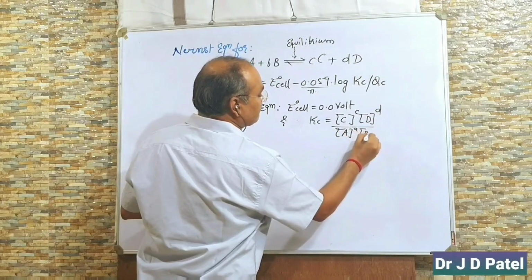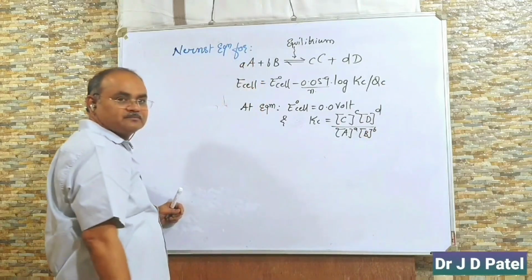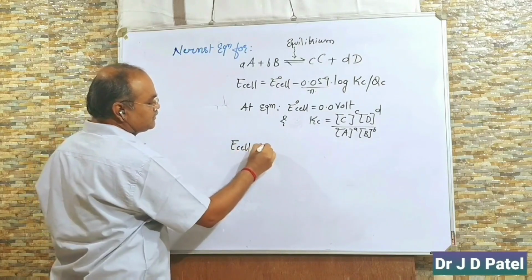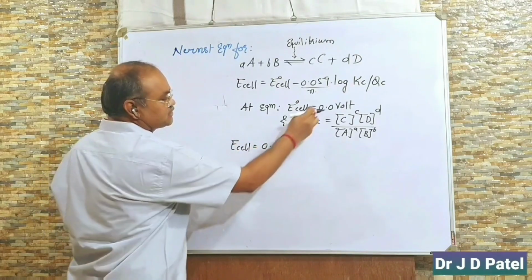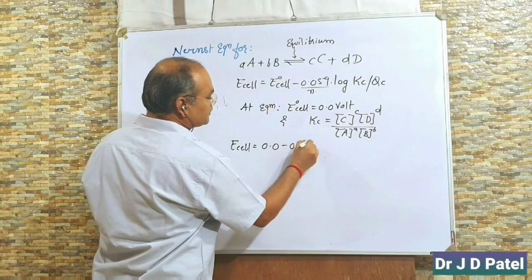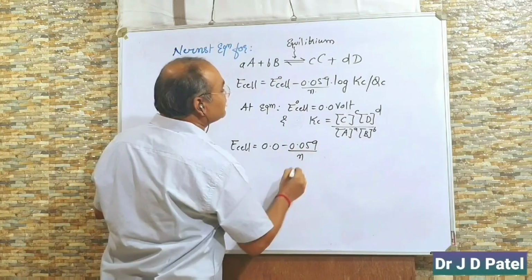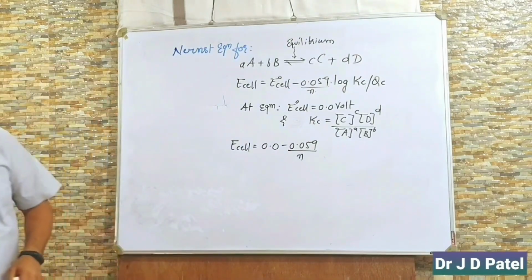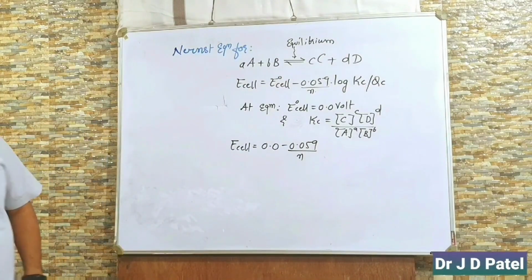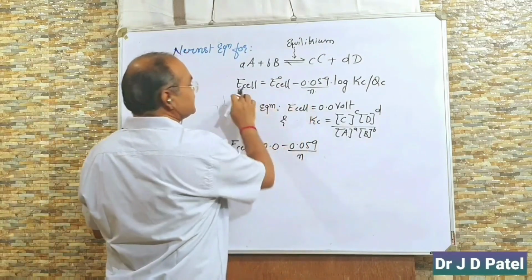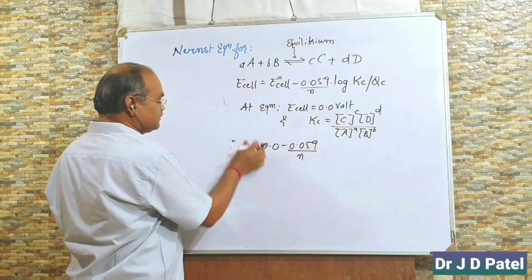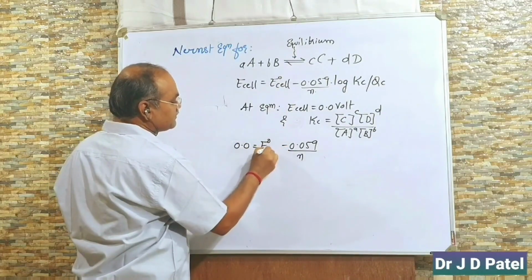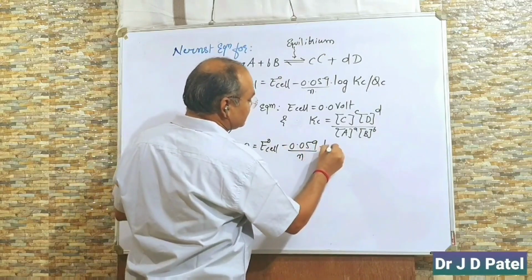This you know. So you can write it here. Sorry, at equilibrium E cell will be 0, not E0 cell. E cell will be 0. So here it will be 0 equals E0 cell minus 0.059 by n log Kc. Now, numericals are being asked based on this topic.